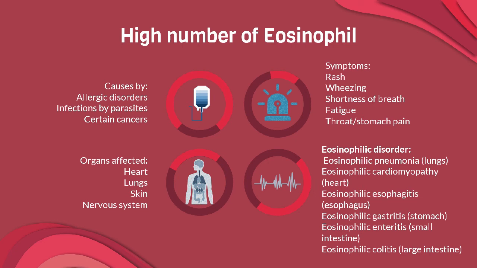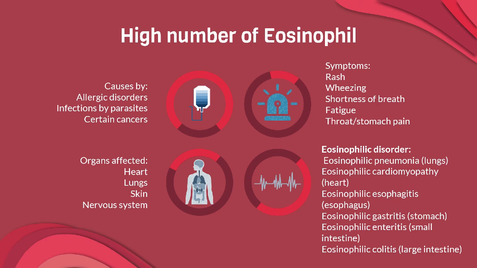For example, people may have a rash when the skin is affected, wheezing and shortness of breath when the lungs are affected, shortness of breath and fatigue when the heart is affected, or throat and stomach pain when the esophagus or stomach is affected.